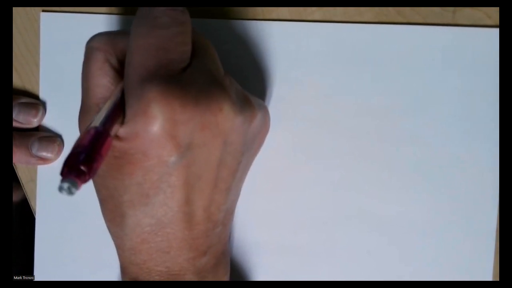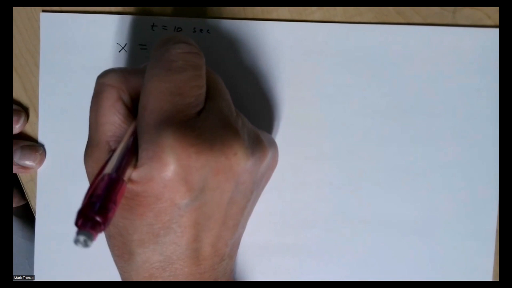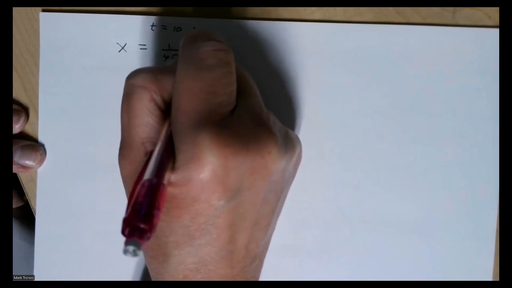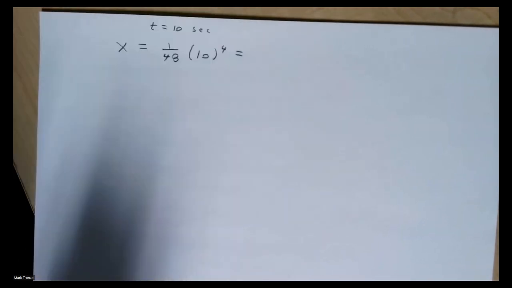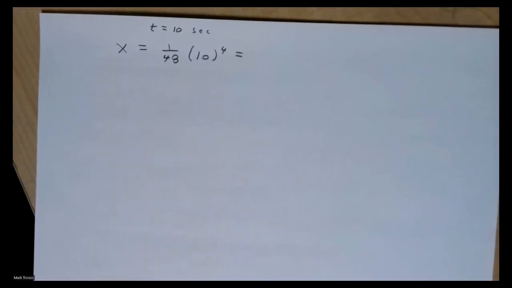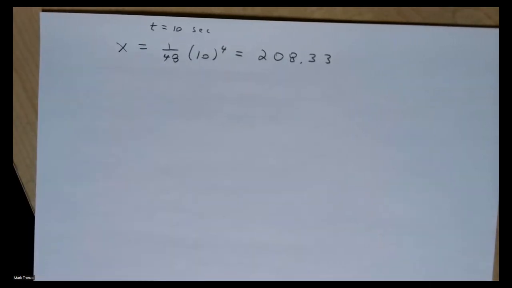So again, when t is 10 seconds, x is going to be equal to 148 times 10 to the 4th. I'm not even sure if we're going to need this position or not. 8.33.